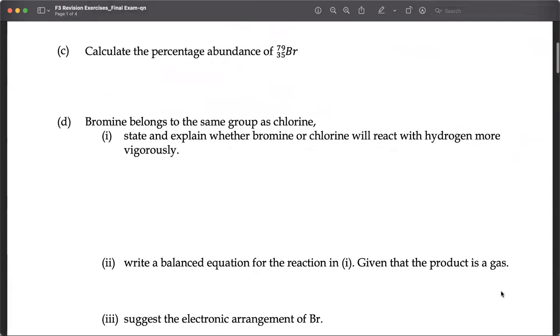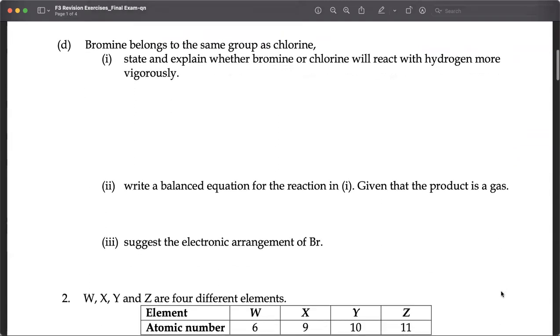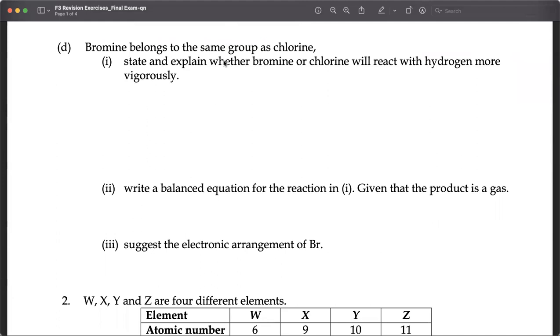Question D. Bromine belongs to the same group as chlorine. State and explain whether bromine or chlorine will react with hydrogen more vigorously. We have to think about which one is the most reactive.